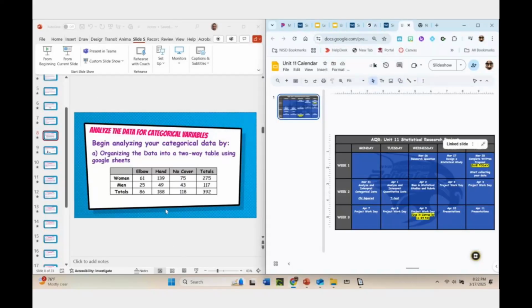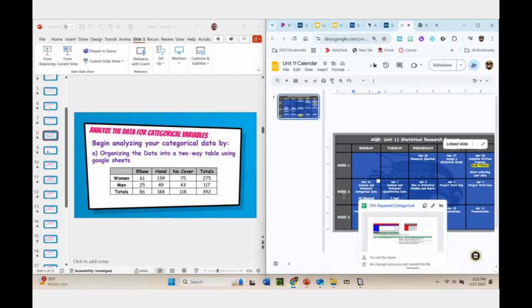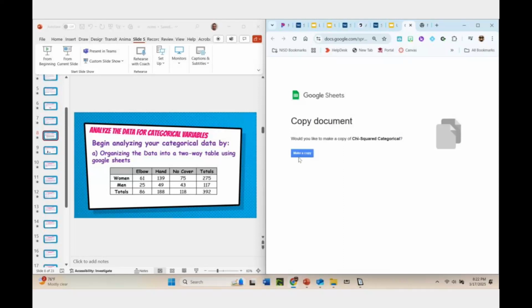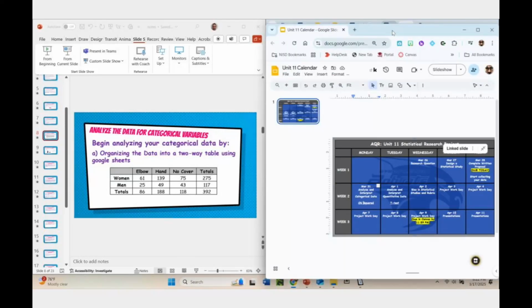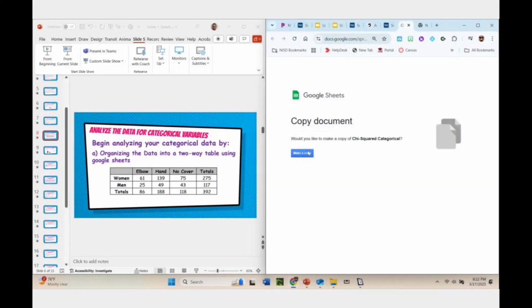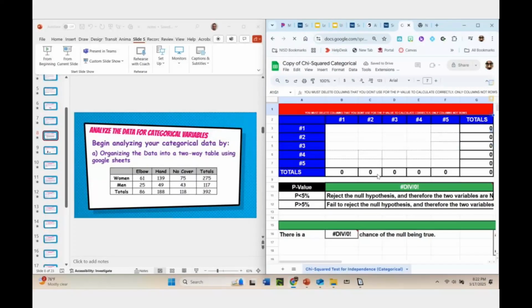In order to use the chi-square test, I need to have my two-way table pulled up. So we're going to go to the calendar, which looks like that, and then I'm going to click on the chi-square test for today because we're dealing with categorical data.